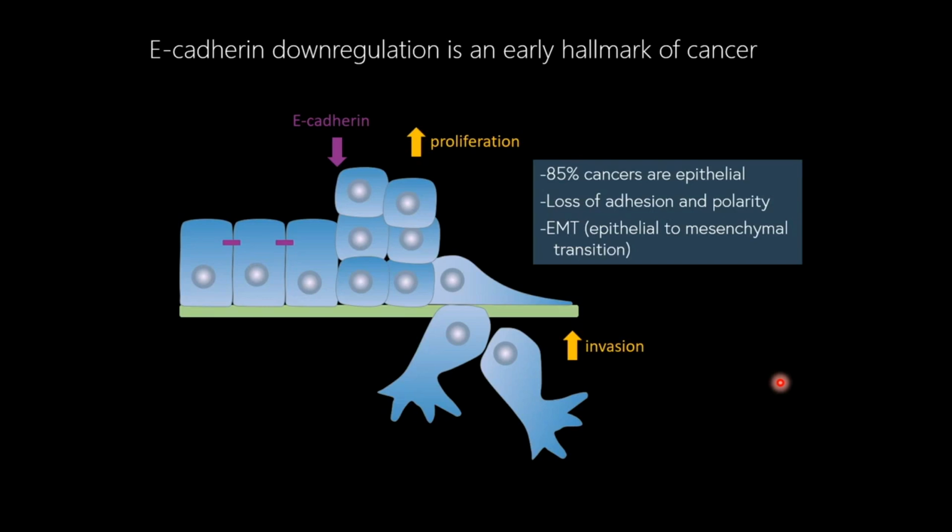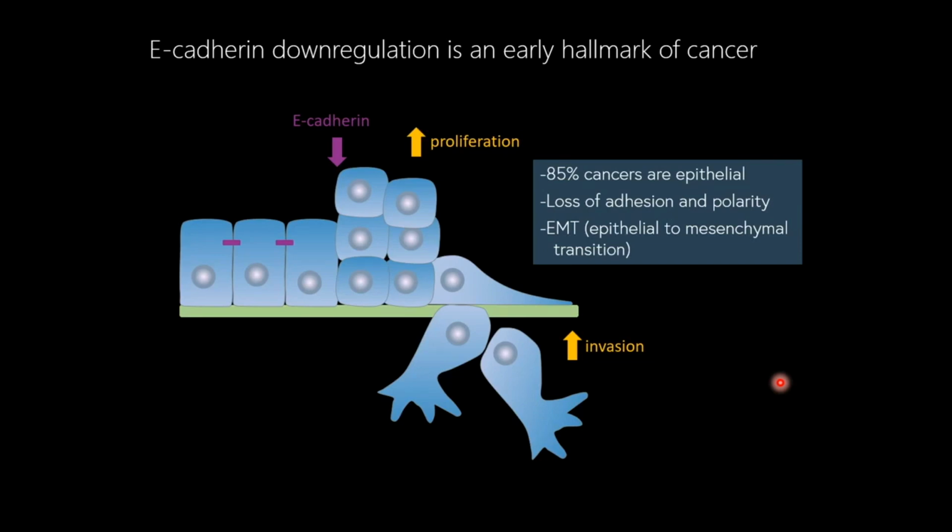What happens when E-cadherin is downregulated is that junctions are disassembled, and then the epithelial cells lose the monolayer organization. They can proliferate more, and they can also invade more. So this is one of the early signs of cancer, when the epithelial monolayer is disorganized and proliferates more.